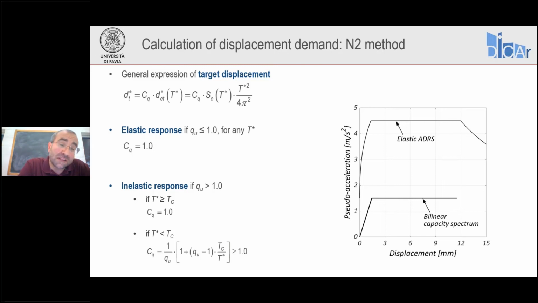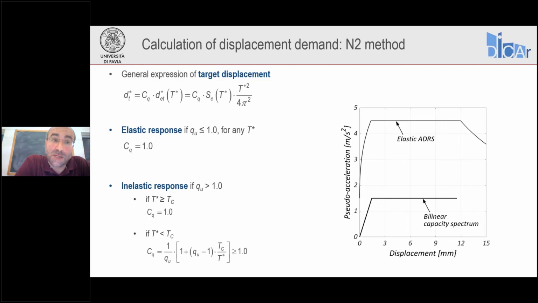Careful here, I just rewrote them a little bit, starting from the Eurocode expressions, to highlight that in all cases, our target displacement, which is the displacement demand, D star T, is equal to the elastic displacement demand, D star ET of T star. Remember, star identifies the equivalent single degree of freedom, multiplied by the inelastic displacement ratio C sub Q, which depends on the strength ratio.